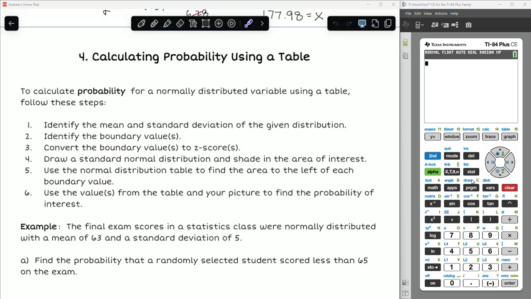Then I would convert those boundary values into z-scores using the formula for z-scores. A z-score is the data value minus the mean, divided by the standard deviation. What we're calculating is how many standard deviations that data value is from the mean.